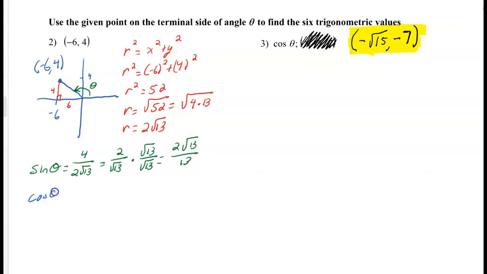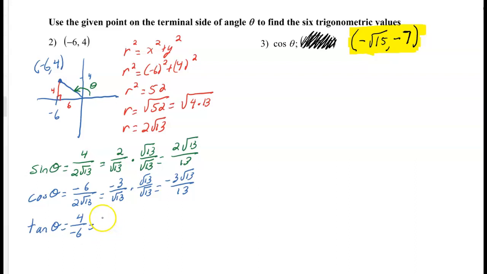The cosine of theta is the x coordinate, so -6 over 2 root 13, -3 over root 13. Again, rationalize. So -3 root 13 over 13. The tangent of theta is the y coordinate over the x coordinate, so 4 over -6, or -2/3.